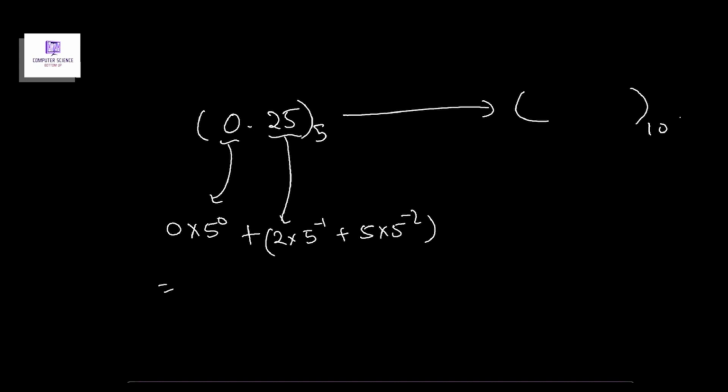This is equal to 0 plus 2 by 5 plus 5 by 25.